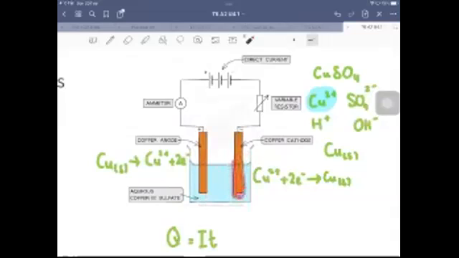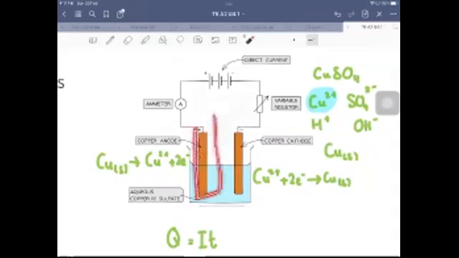As you pull it out, some of the copper solid may drop back into the solution, or even during washing with distilled water and propanone, some of the copper deposits around your cathode will be washed away. That decreases the accuracy of the mass of copper produced at the cathode. So the easiest way is to just use the anode and take the mass loss, because mass loss will be equal to mass gain.